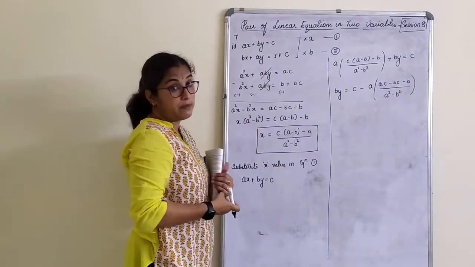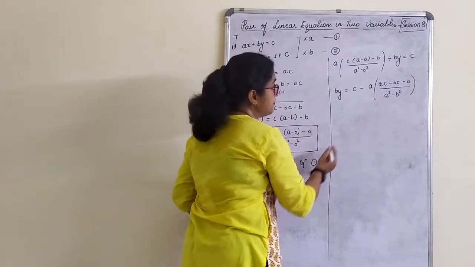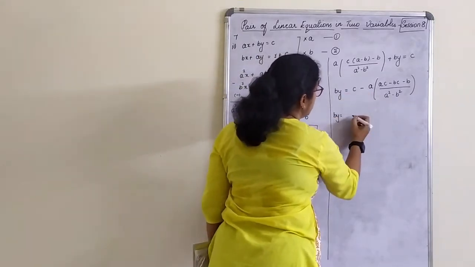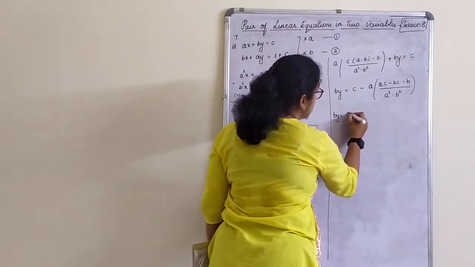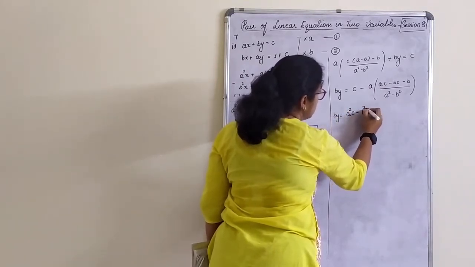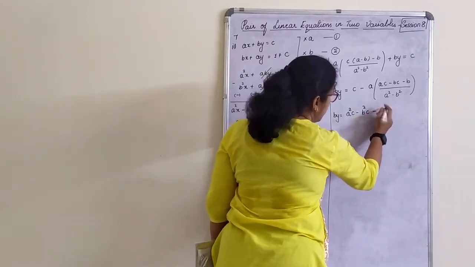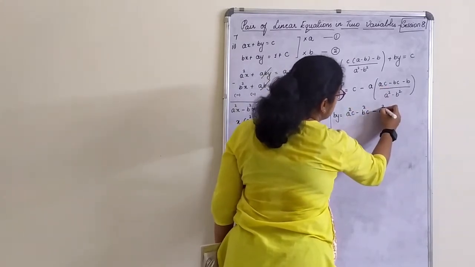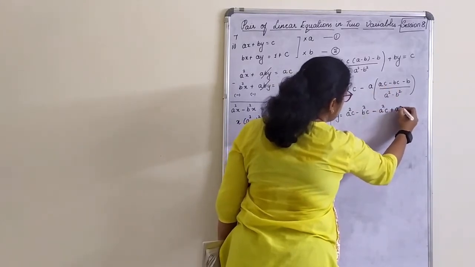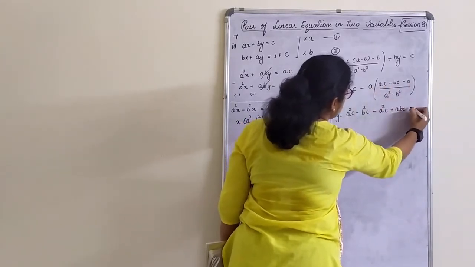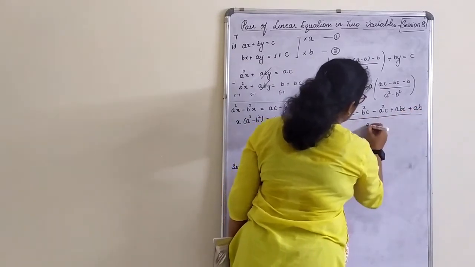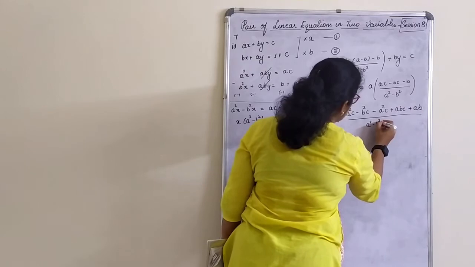Let me take a square minus b square as the LCM. by is equal to, so if I multiply this, a square c minus b square c minus a square c minus minus plus abc minus minus plus ab, whole divided by a square minus b square.